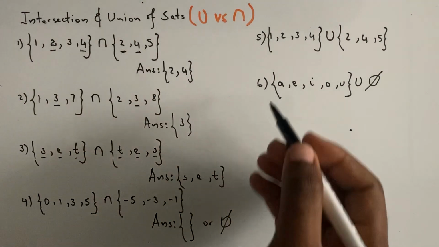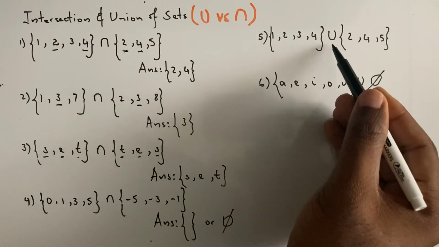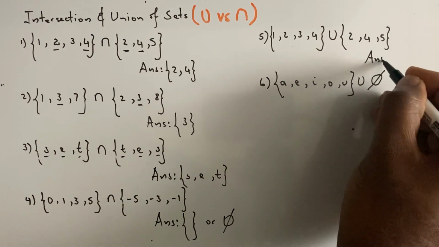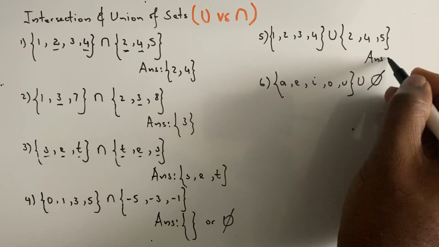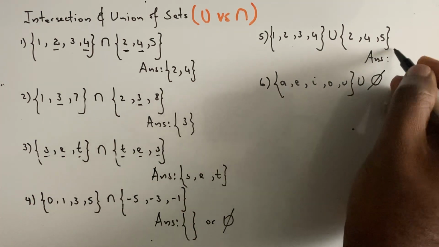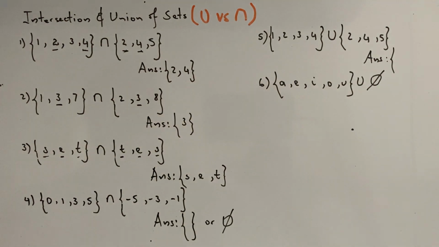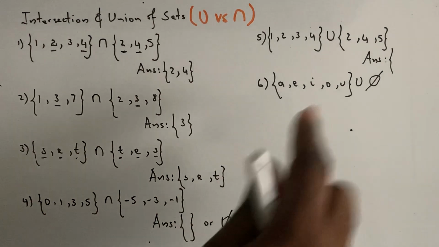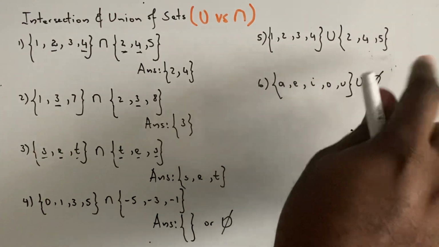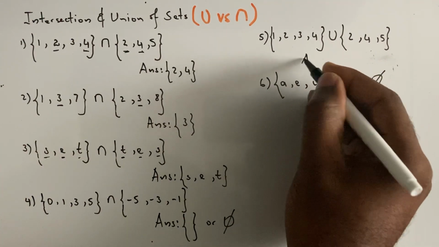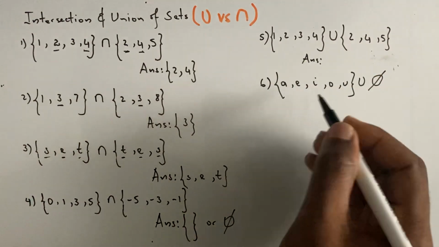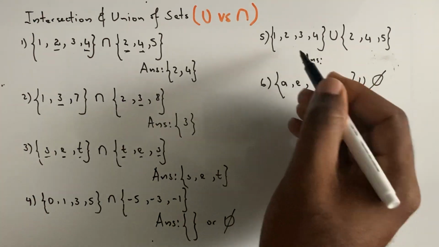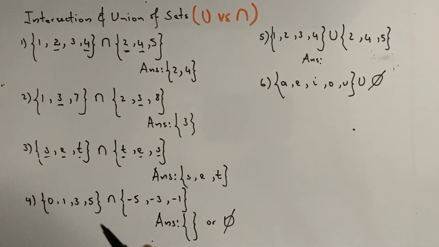Now, how about union? Because you have the symbol here for union, right? For union, all you have to do, guys, is write everything you have. For example, since I know it's union, I just need to put everything, just that I will not repeat things.